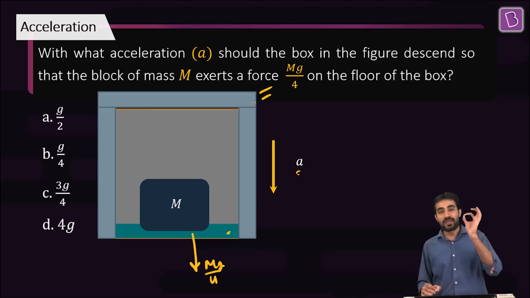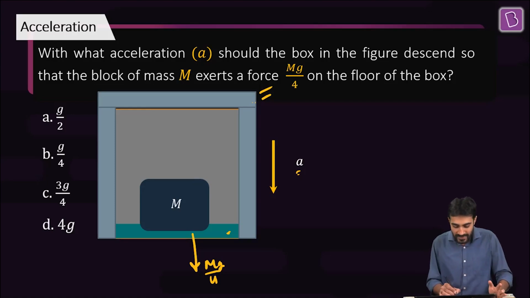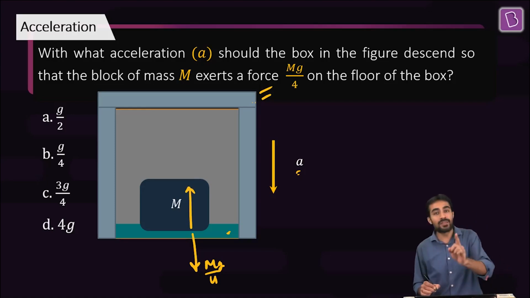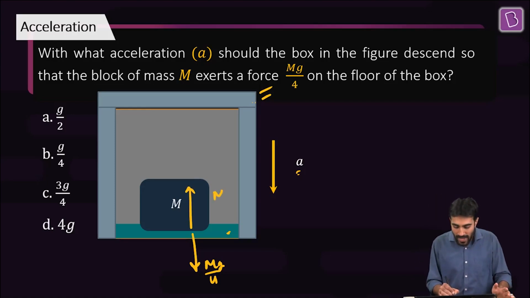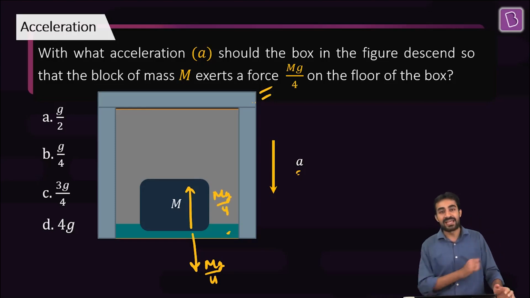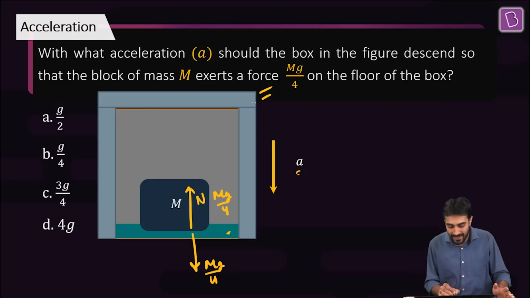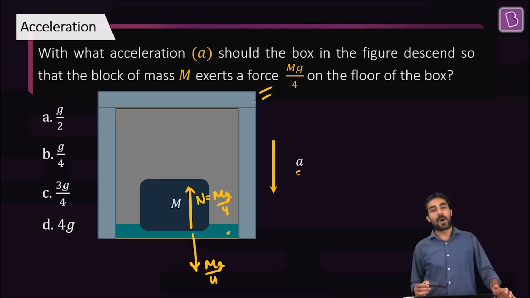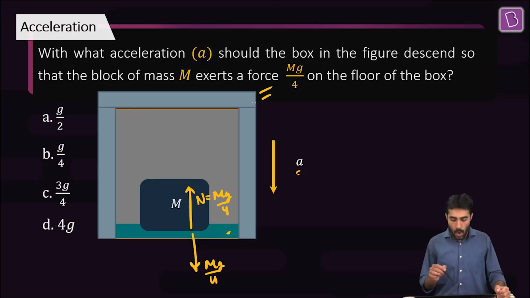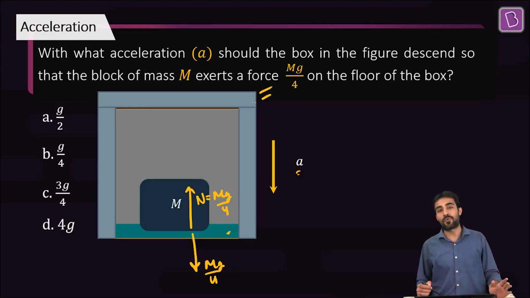Now, if the force exerted on the floor is mg by 4, the floor will exert an equal and opposite force. So the force exerted by the floor on the block is also mg by 4, right? And we will call it normal reaction.